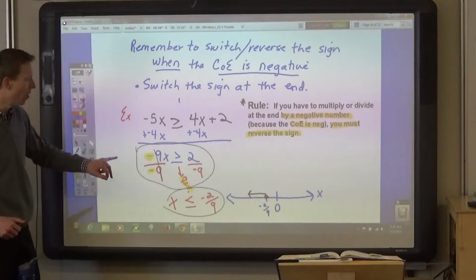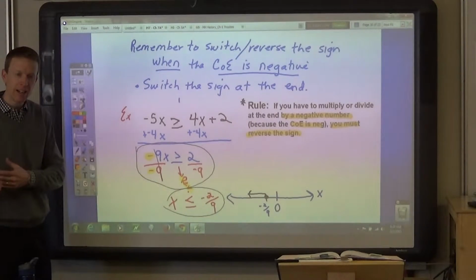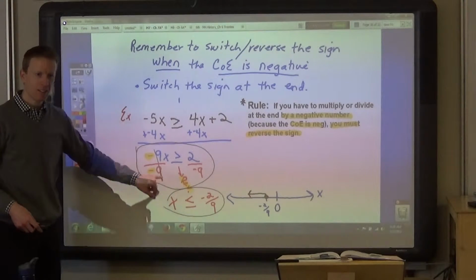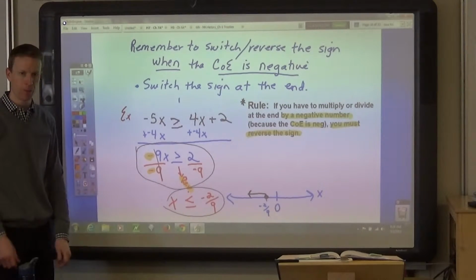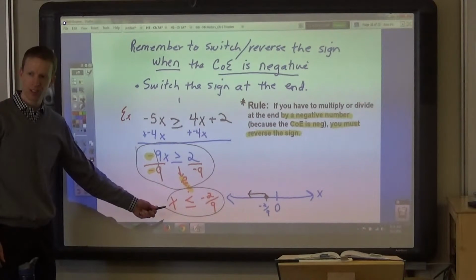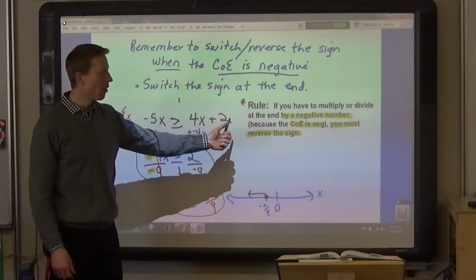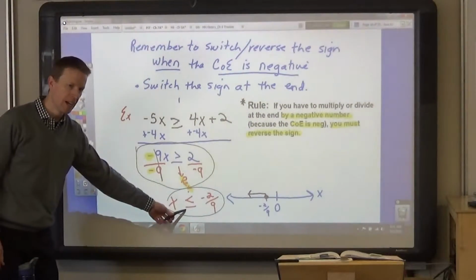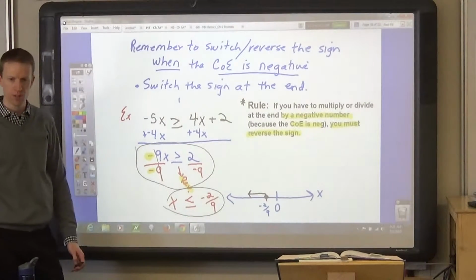Yeah. Now, in order to solve this, you have to multiply by a negative reciprocal. In order to get a positive x, we have to multiply by a negative number. Or in this case, divide by a negative number in order to get positive 1, right? Do you understand that? Whenever you have to multiply or divide by a negative number, you have to reverse the sign in order to make the equation true, or in order to find the actual solution.